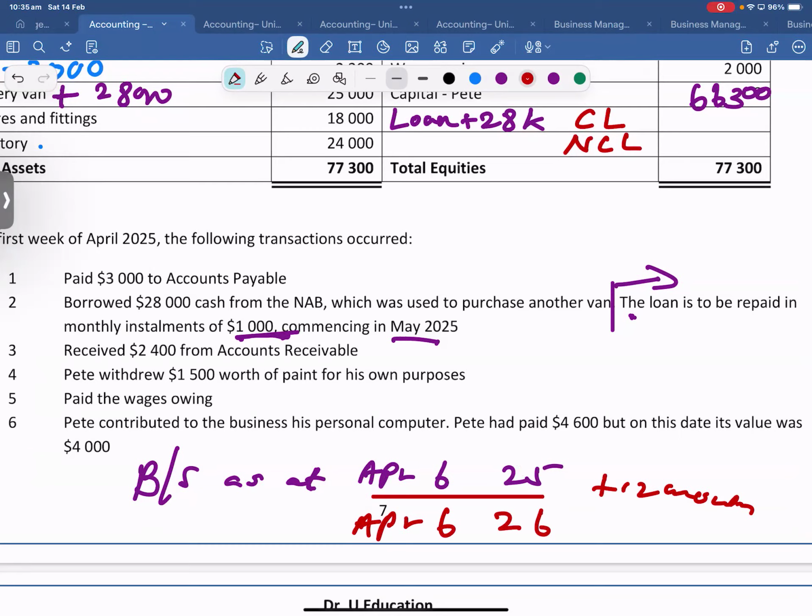How many payments do you think will happen for this loan? Would there be 12 or lower? If payments start in May, that would be 11. Very good. So it is 11. They are saying in May, we don't know when.